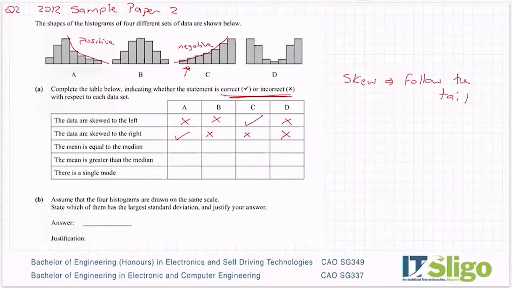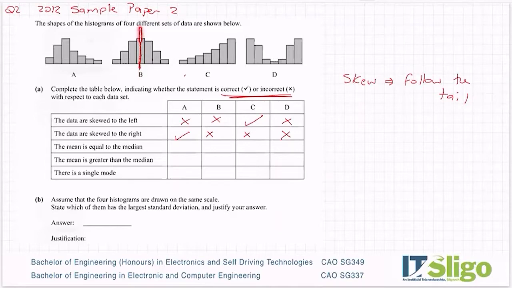The mean is equal to the median. Okay, let me clean up the charts. The mean is equal to the median. Okay, well, one of the important things about a normal distribution, which is B, well, there's a couple of things. It's symmetrical, really important. And by nature then of it being symmetrical, it means the mean is bang on in the middle.